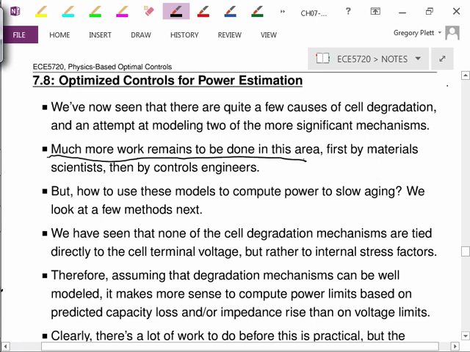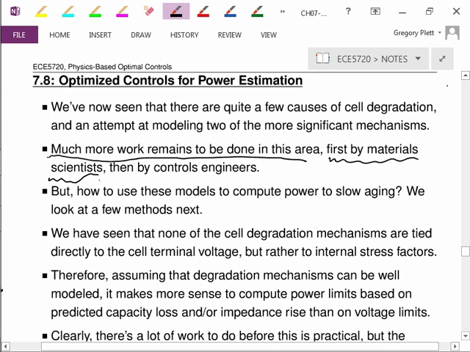And this is very clear. If we're going to use physics-based models of degradation as a basis for controls, we need to get more models. So the first activity needs to be done by material scientists and electrochemists who are good at modeling phenomena that they see.